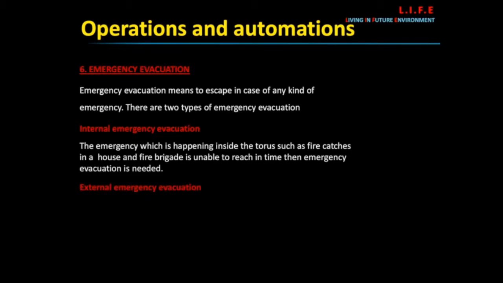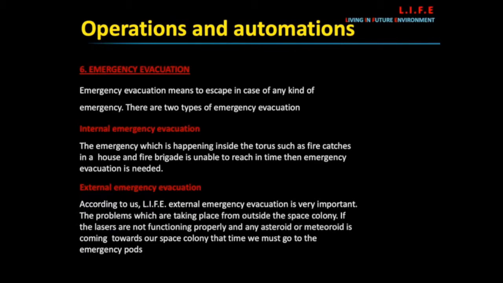External emergency evacuation. According to us, Life, external emergency evacuation is very important. These are the problems which take place from outside the space colony. If the lasers are not functioning properly and an asteroid or a meteoroid is coming towards our space colony, at that time we must go to the emergency pods.